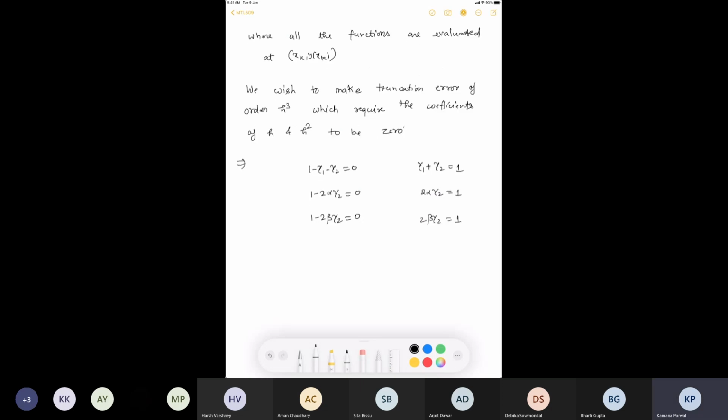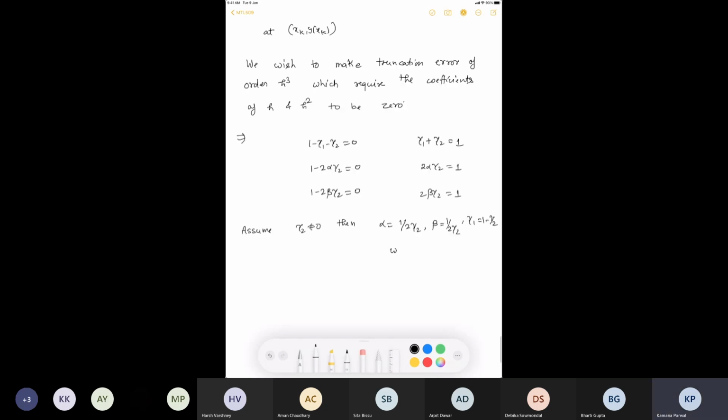Okay. So if we assume that gamma 2 is not equal to 0, then we can get all the other variables in terms of gamma 2. So alpha is going to be 1 by 2 gamma 2, beta is going to be 1 by 2 gamma 2, and gamma 1 is going to be 1 minus gamma 2, where gamma 2 is arbitrary.